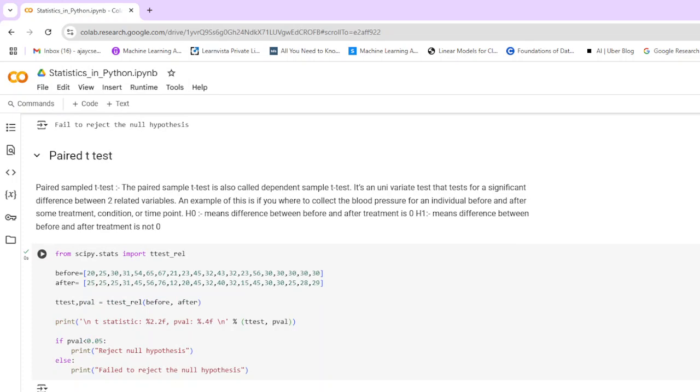We run the test, and for these values we get that we can reject the null hypothesis. The null hypothesis tells that there is no change, and the alternative hypothesis shows that there is change.